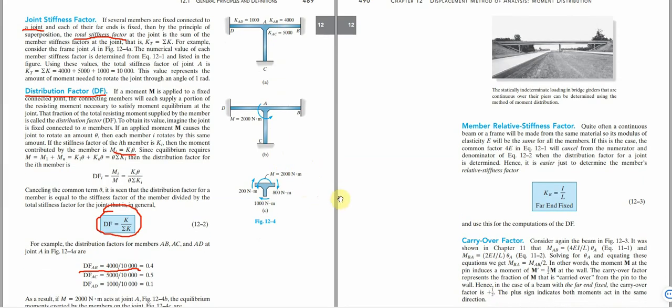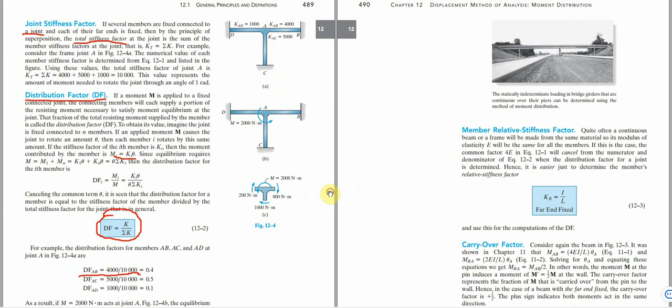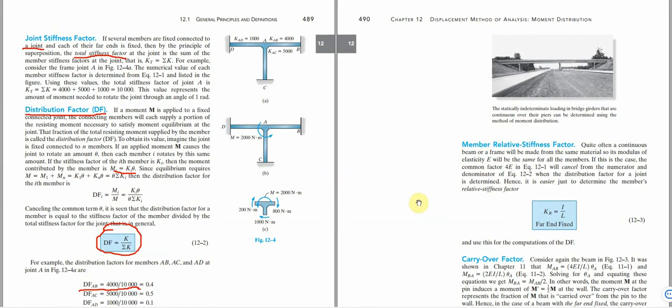Now the next thing we go to is the member's relative stiffness factor. In this member's relative stiffness factor, what we're trying to say is that, let's say a beam is made up of the same material.